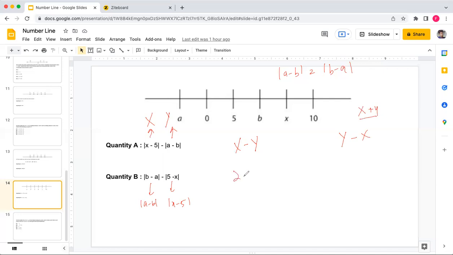So this will become 2x and this will become 2y, and just divide by 2 on both sides. This is x and this is y, and x is what I said, X minus 5, and y is just A minus B. I just assume this to make things a bit better, right? You got the point? Okay.